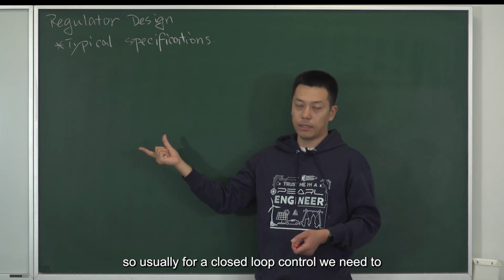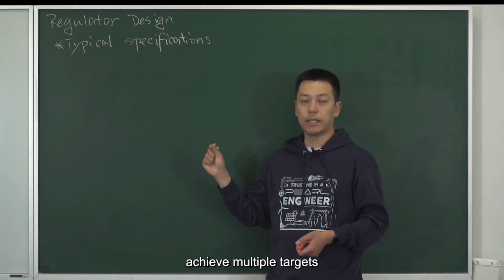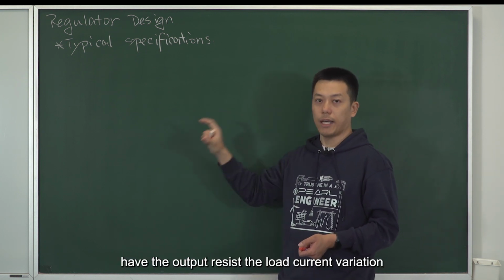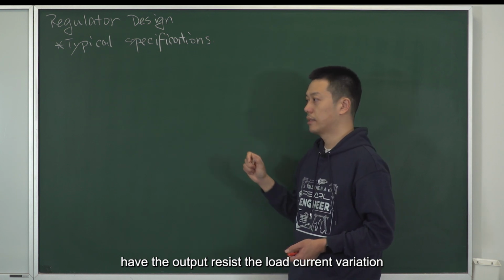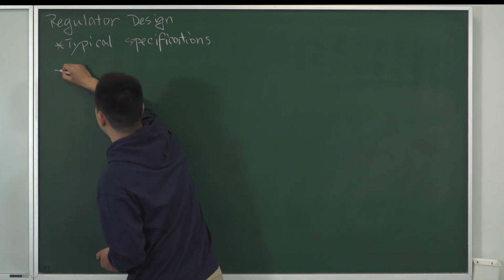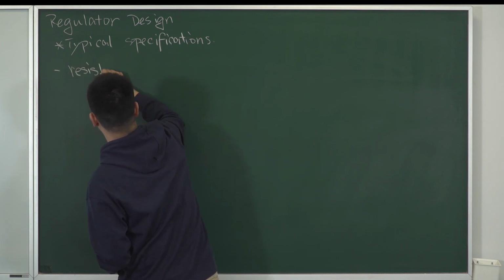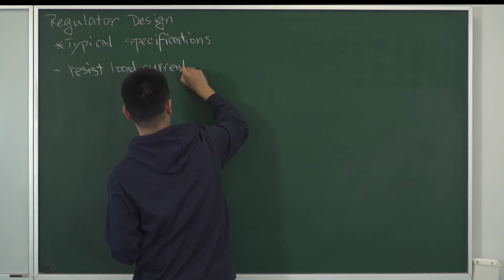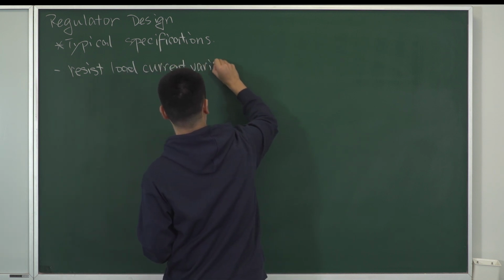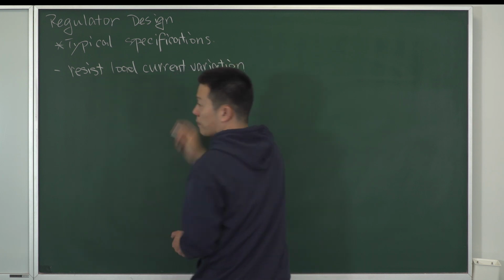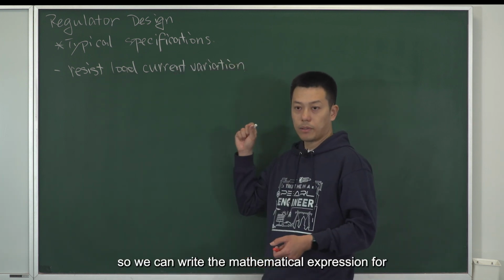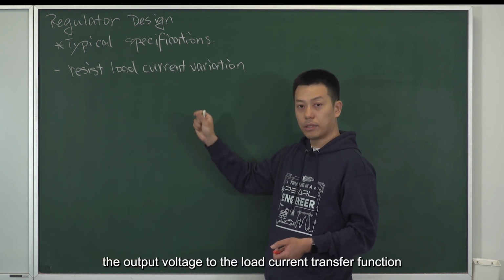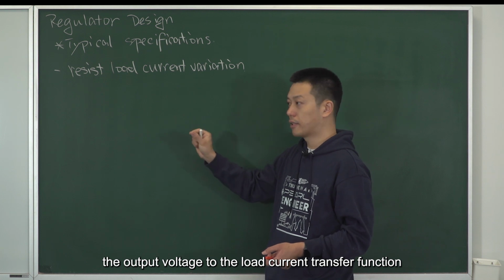So usually for a closed-loop control, we need to achieve multiple targets. The first target is we want to have the output resist the load current variation. So we can write the mathematical expression for the output voltage to the load current transfer function.